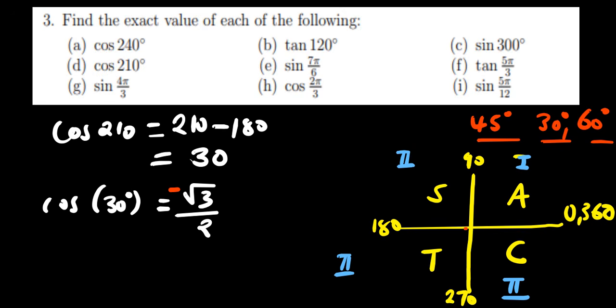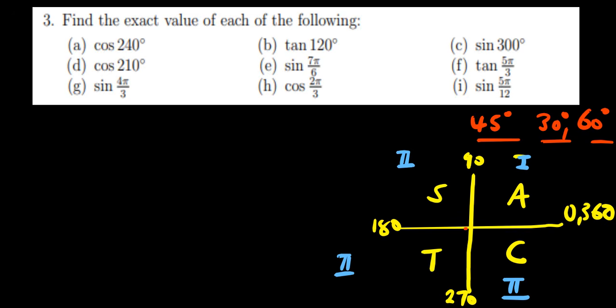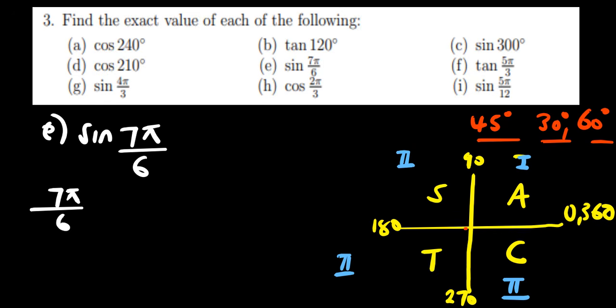Let's solve the last one on this part, the one that has pi. So E, sine 7 pi over 6. How are you going to do that? First I have to convert the 7 pi over 6 to degrees so that you'll be able to solve.